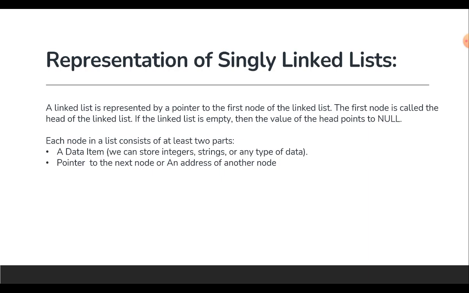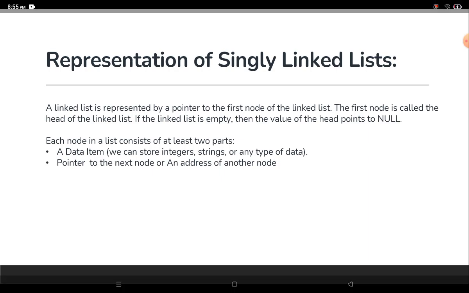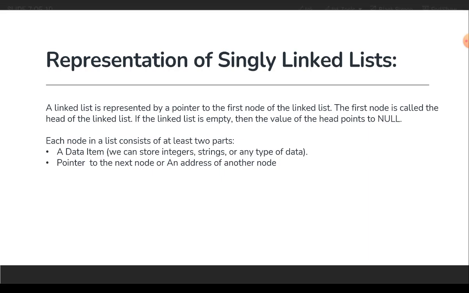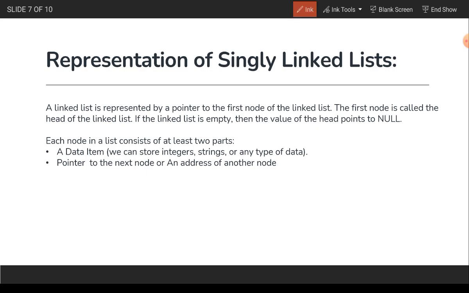Representation of the linked list. How can we represent the singly linked list? We have seen earlier, let's see again some important terminology. Like the first node is called the head. It gives the information about all the nodes.